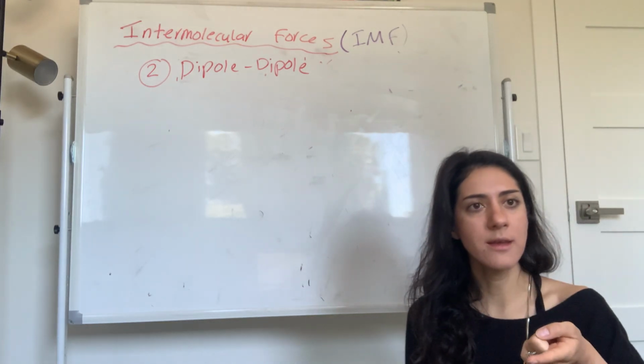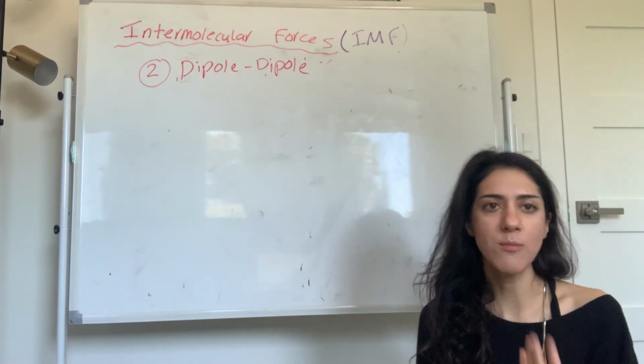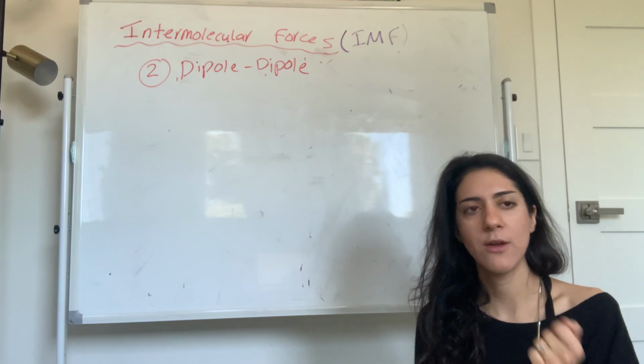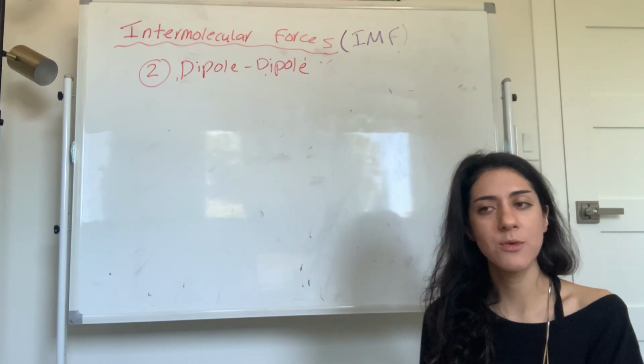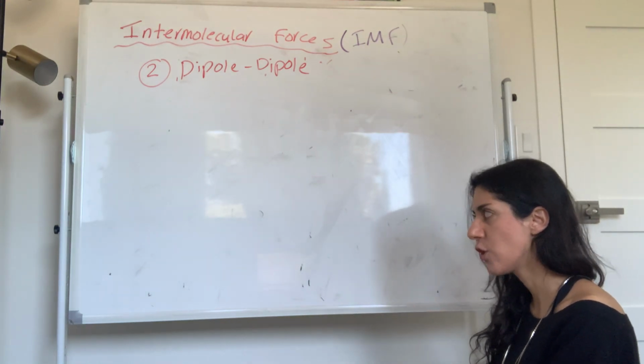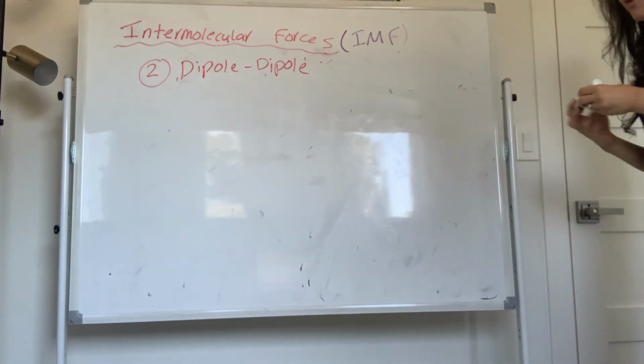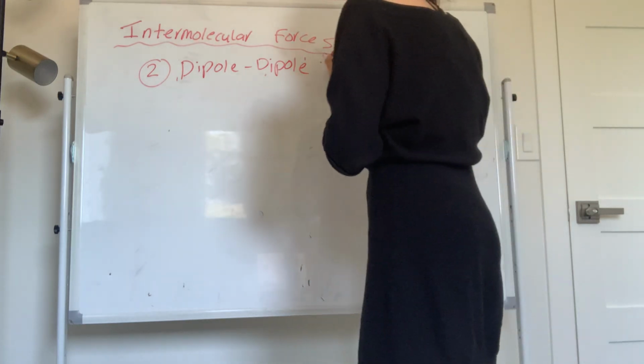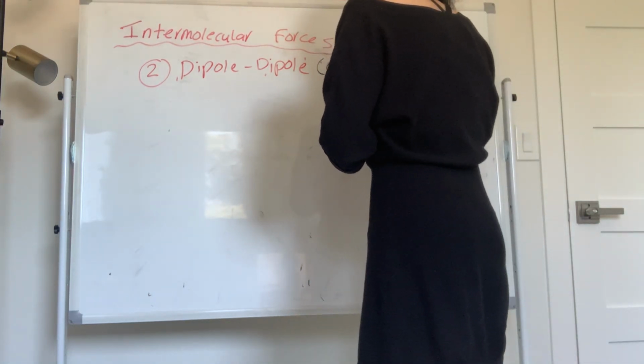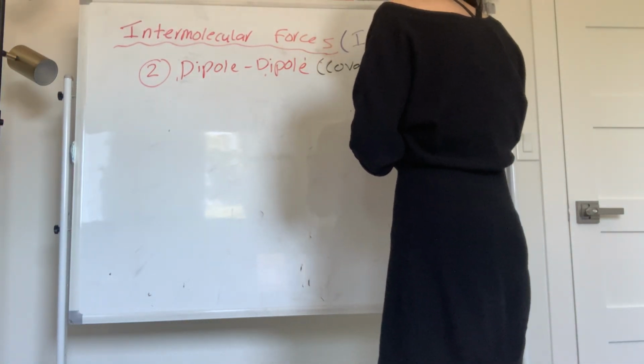We said that an ionic interaction is when you have ionic molecules, a metal and a non-metal together. Hydrogen bonding is when you have HN, HO, or HF, right? Now, you have dipole-dipole when you have covalent compounds that are polar.